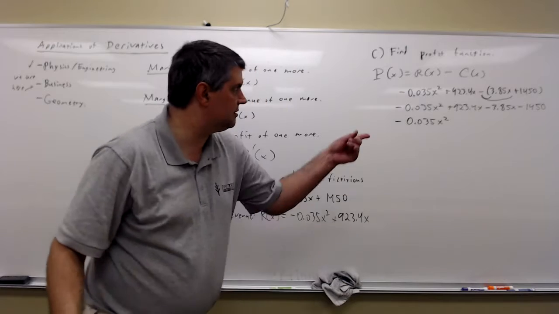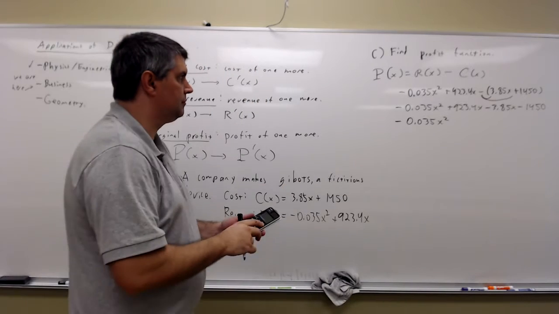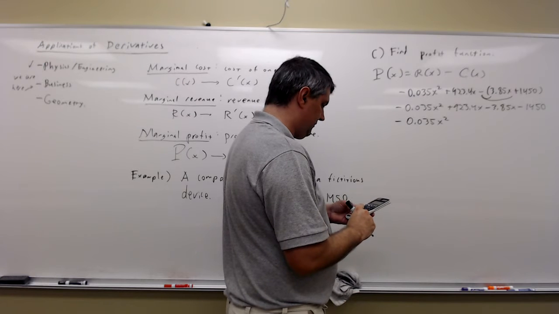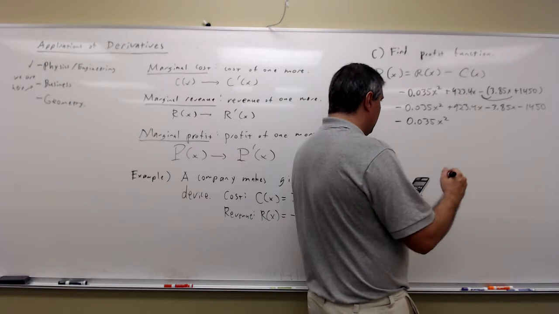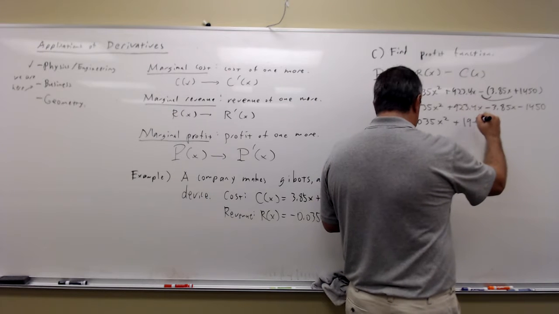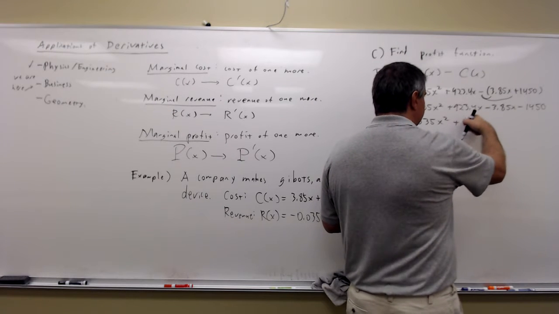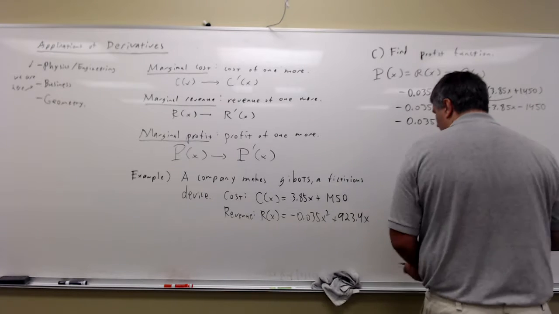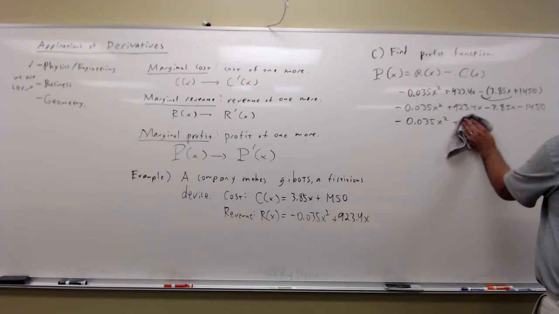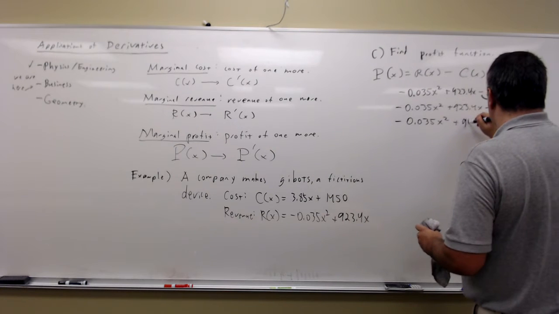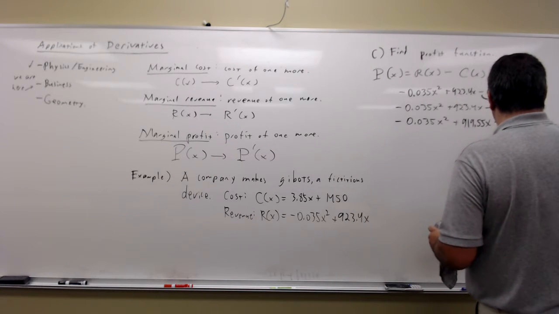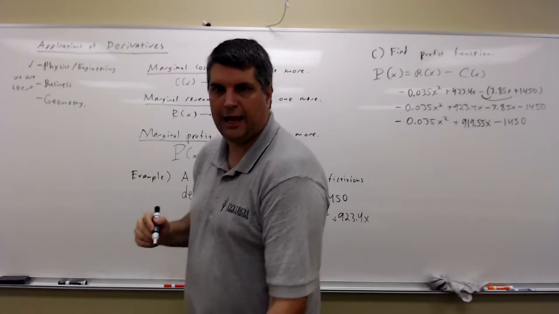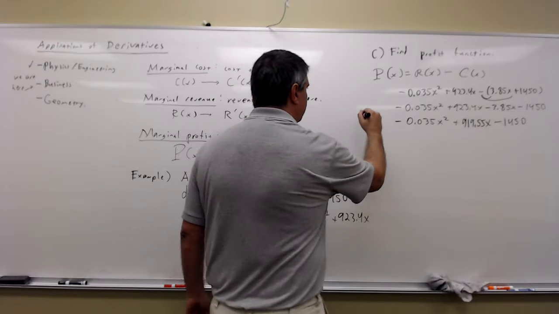I'm going to have to do that subtraction. 923.4 minus 3.85 gives me plus 919.55x minus 1450. Okay, so that's the profit function.